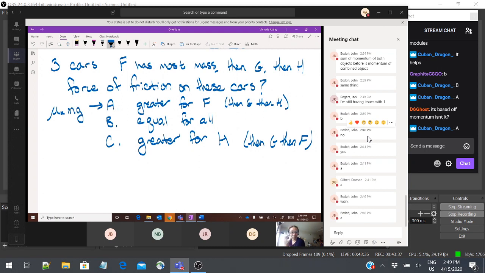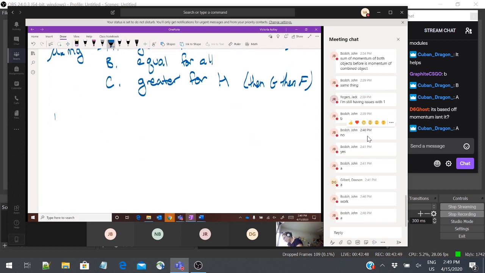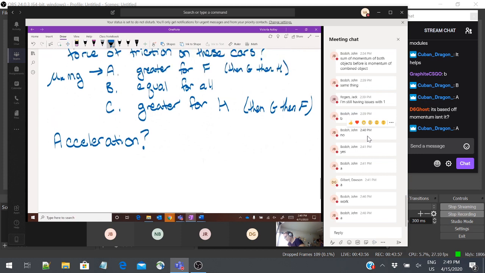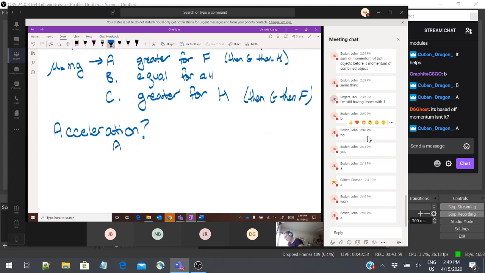So if mu is the same for all of them because they have identical tires, g is the same for all of them because we're presuming they're all on Earth. So greater m means greater force. What about the acceleration? Same options, A, B, and C. So greater for F, equal for all, or greater for H.